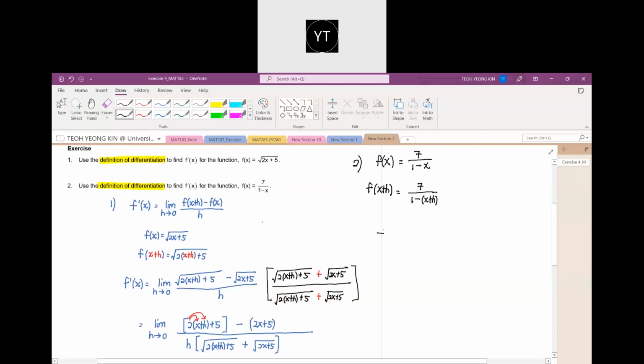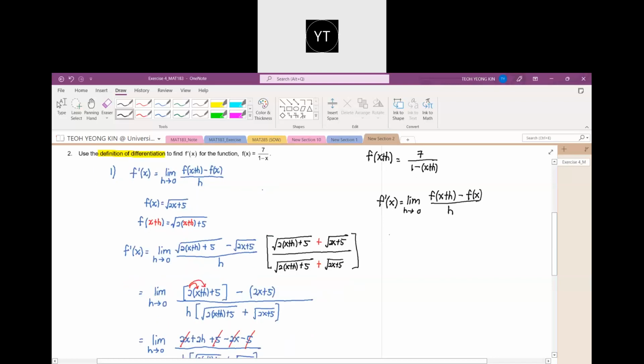f prime x is equal to limit when h approaches 0, f of x plus h minus f of x over h. This is the formula. And then I substitute the fraction. Limit when h approaches 0, the function for f of x plus h will be 7 over 1 minus x plus h, minus 7 over 1 minus x.